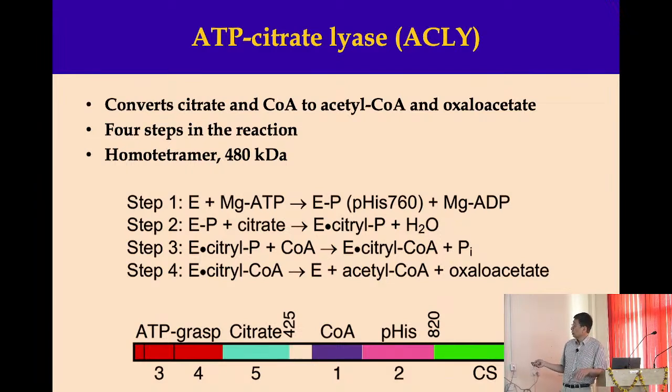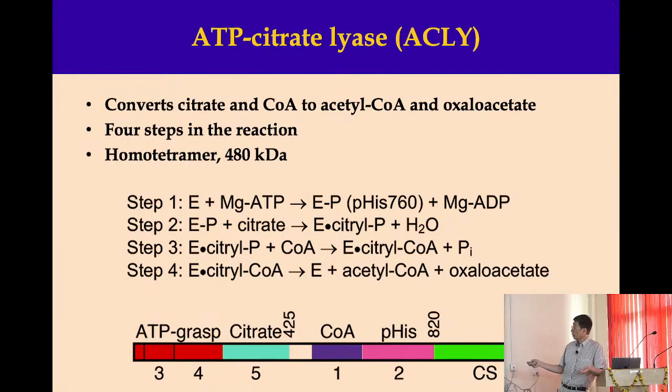Okay? If you look at the enzyme, it has many, many domains, and the domains have known functions. For example, the red part is called the ATP-grasp domain, so it binds ATP. The cyan part is the citrate domain, which binds citrate. The blue domain binds CoA.